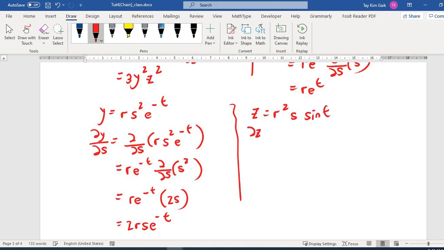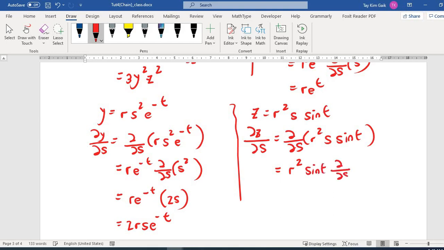So ∂z/∂s, ∂/∂s of r^2 s sin t, where r^2 and sin t are constant, because when differentiating with respect to s, r and t are constant. So you factor out the constant term r^2 sin t, and then ∂s/∂s is 1. So the answer is r^2 sin t.